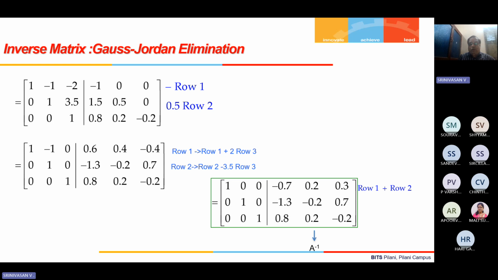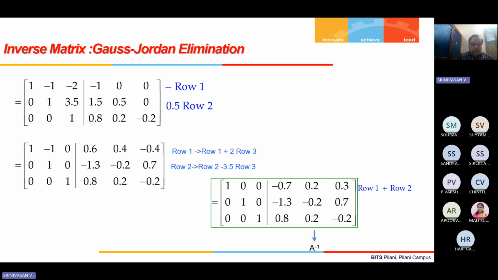Got it? So you must be able to reduce it in such a manner that A I should become I something. That something, the resulting matrix, is nothing but your A inverse.